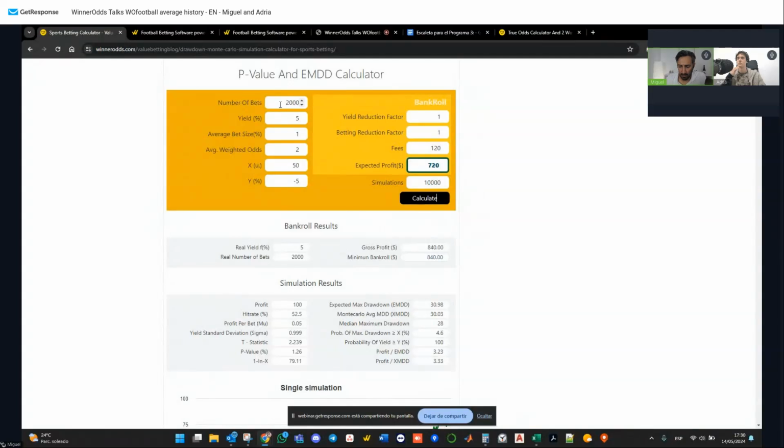Yeah, 1%, I don't know. Then you start having some probability of obtaining this low yield for this number of bets and this average odds. So minus 5% is a very, very bad result after 2,000 bets. So probably the long-term yield is much lower than you have assumed.